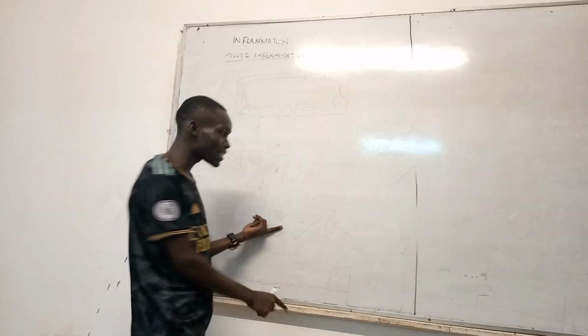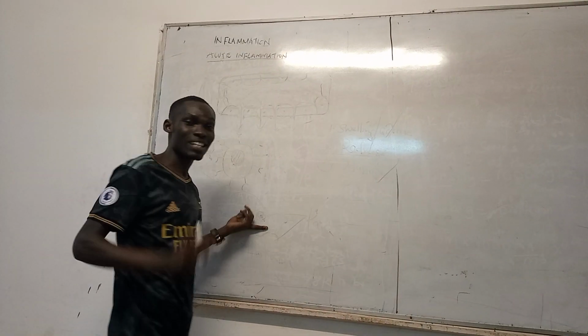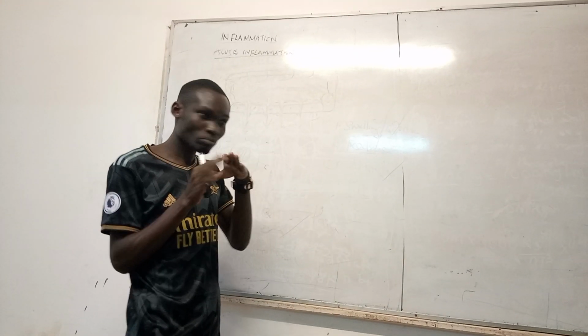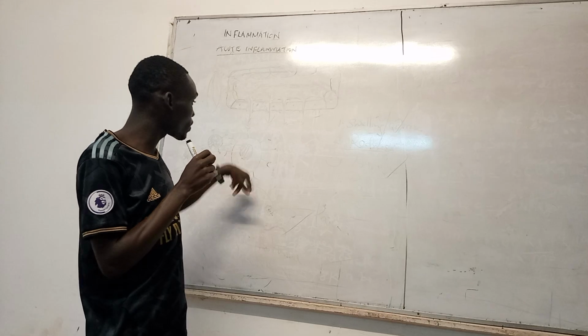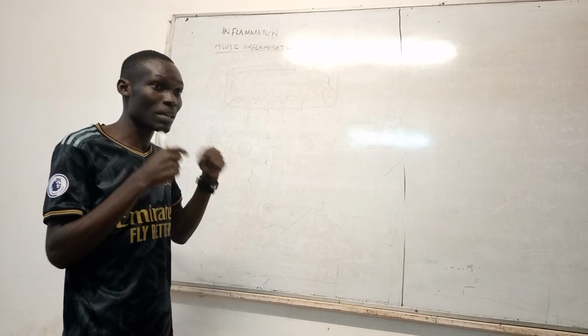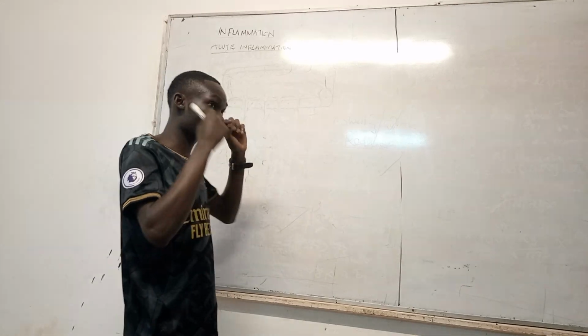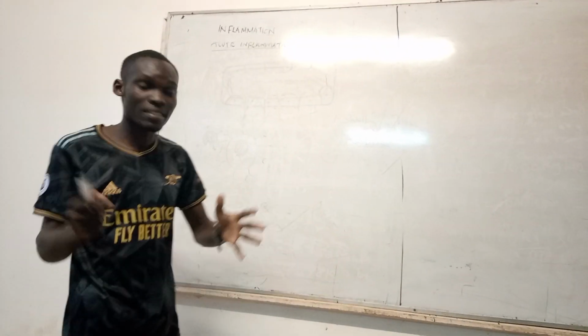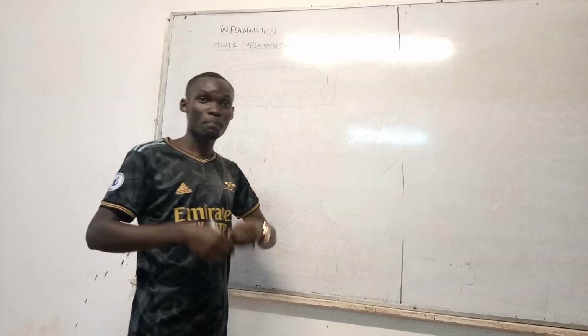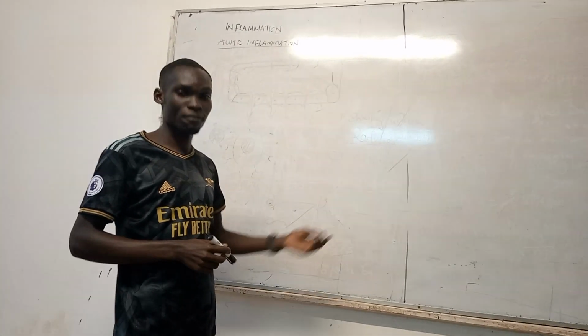The net effect of that is pain. Sometimes you may get a bit of fever, because in this process there is production of prostaglandins. The prostaglandins can be carried to the temperature regulatory centers so that the hypothalamus gets activated. The net effect of that is fever.